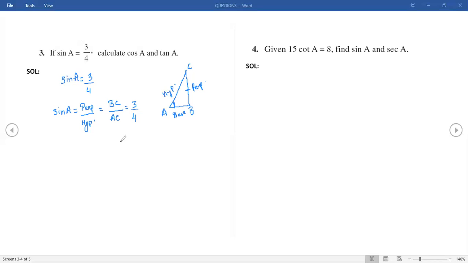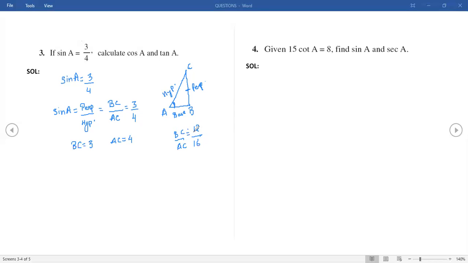So there are two ways we can do it. The first and the easiest way is you can simply take BC as 3 and AC as 4. Now many educators raise the question that it cannot be possible, because it can also be that the values are, let's say, 12 by 16, BC is equal to 12 and AC is equal to 16.